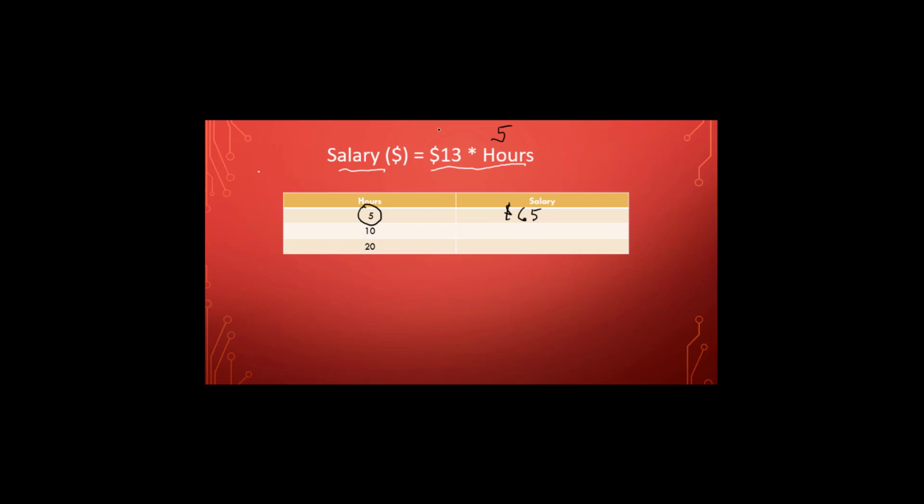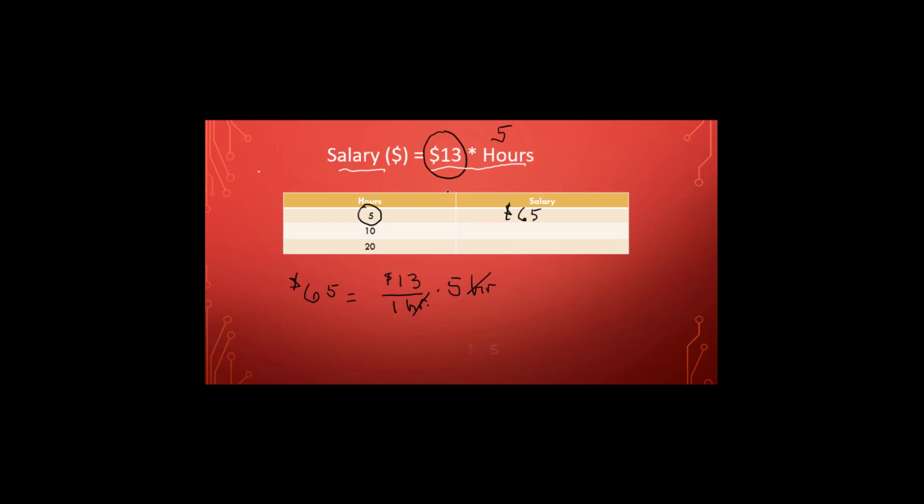And the key is right here. Because while we are writing that as $13, it is actually $13 per 1 hour. And so when I multiply it by 5 hours, the hours cancel, and I'm left with $65 for my output.